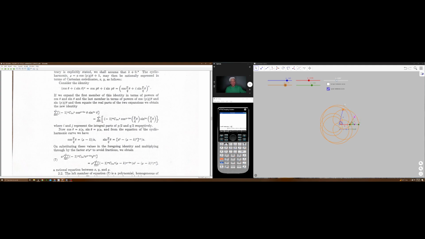The next couple pages I won't read word for word, but he gives the trigonometric to algebraic connection via generated sums.